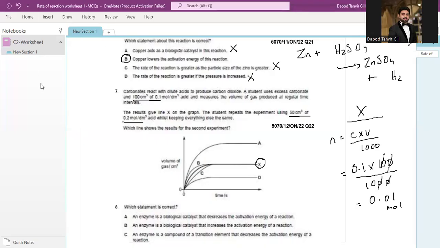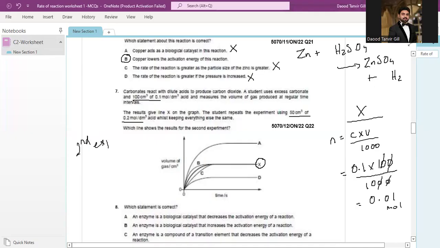Let's do it for the second experiment. n is equal to C into V. The concentration is 0.2 and the volume is 50.